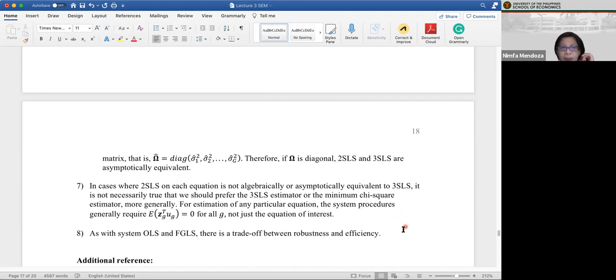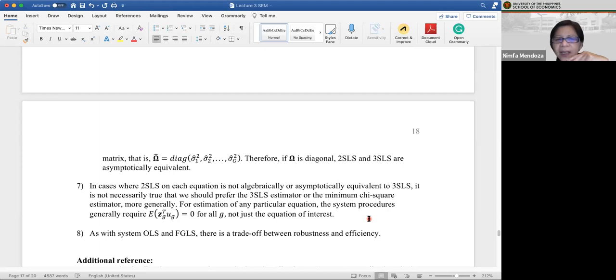In cases where two-stage least squares on each equation is not algebraically or asymptotically equivalent to three-stage least squares, it is not necessarily true that we should prefer the three-stage least squares estimator or the minimum chi-square estimator.